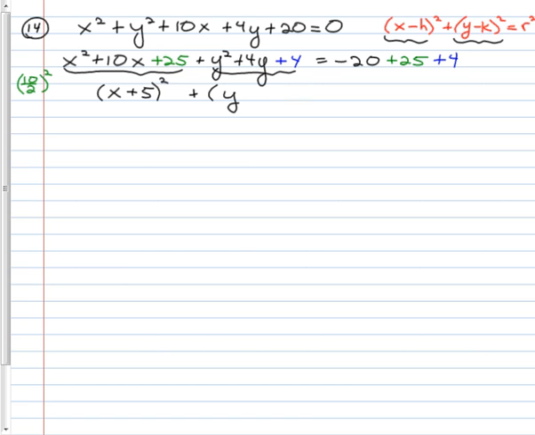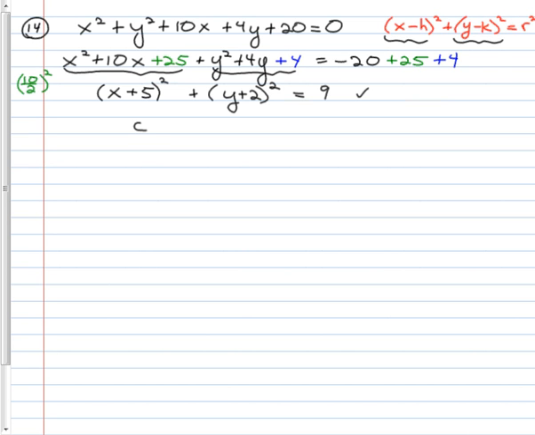Plus (y plus 2) squared equals, do all your addition on the other side, and what do you get? 9. Now, we are in the standard form, and we should be able to answer their question, determine the center and the radius of the circle.